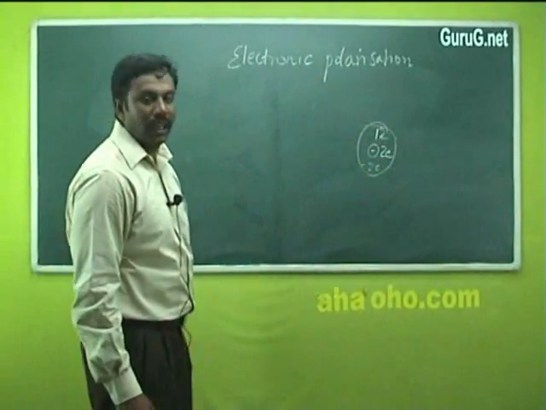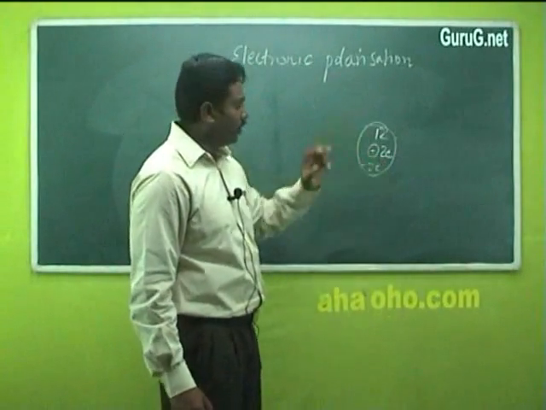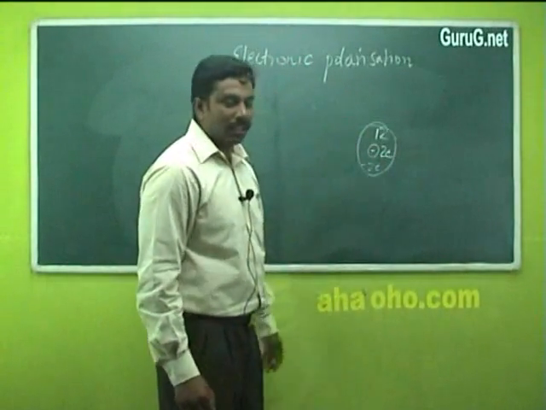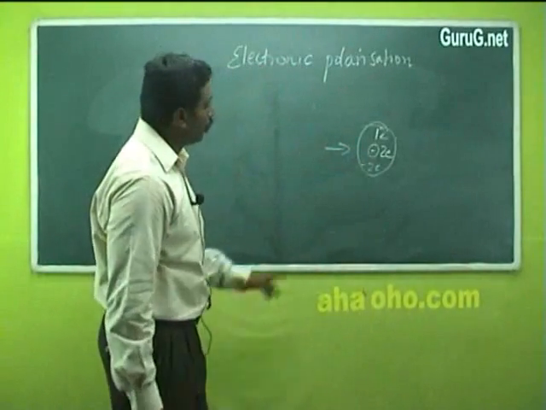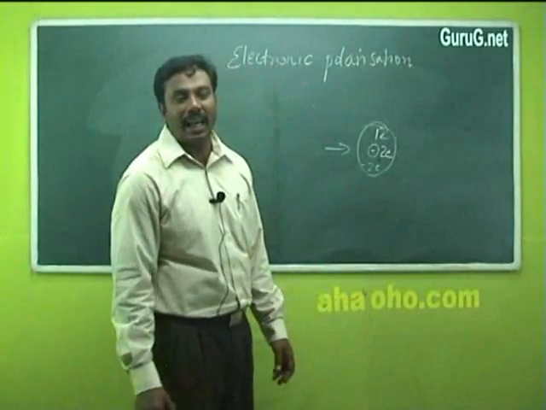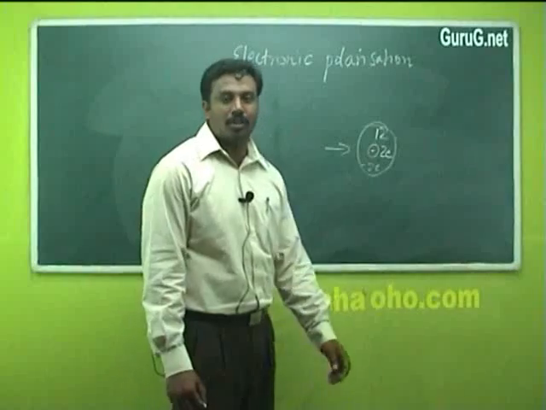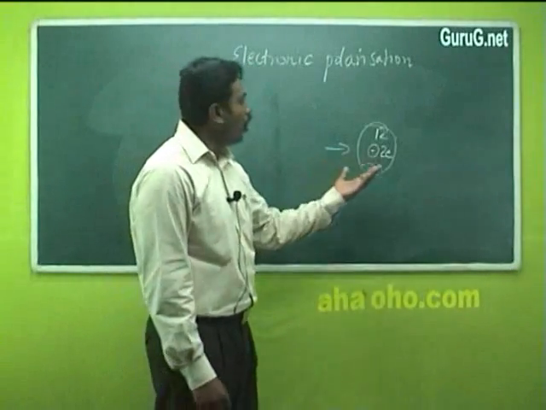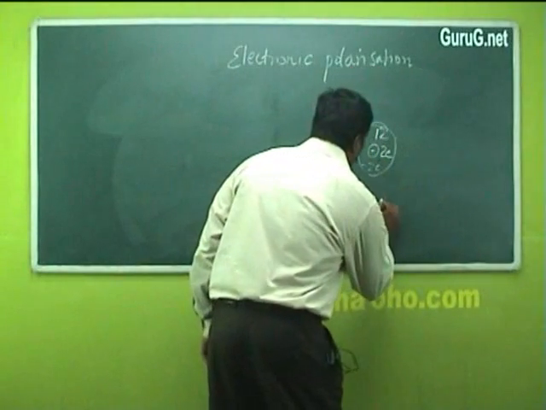Before the application of the electric field, there will be no change. On the application of the field, the positively charged nucleus will move along the direction of the applied field, and the negatively charged electrons will move opposite to the direction of the applied field. So on the application of the field, what happens?